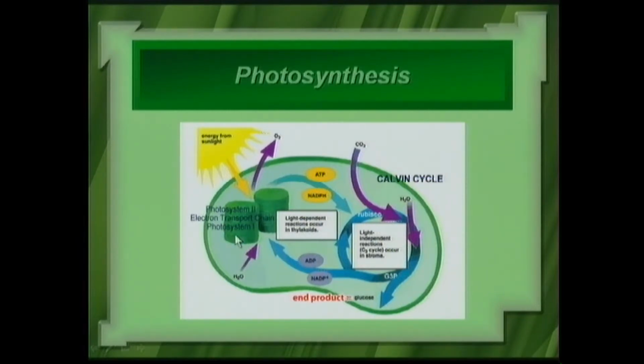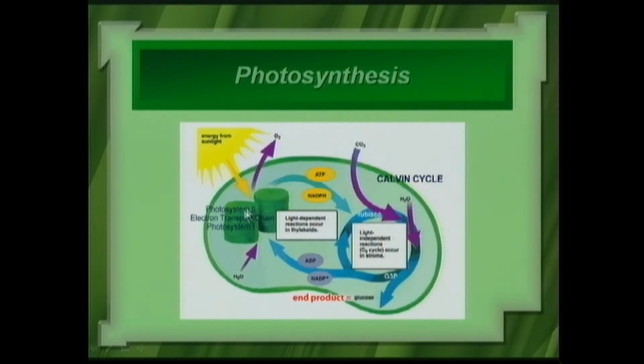Then what happens? Within the membranes of the thylakoids in the grana, you have the electron transport chain, where the electron is passed from one electron carrier to the next until the energy that is given off is used to make ATP.